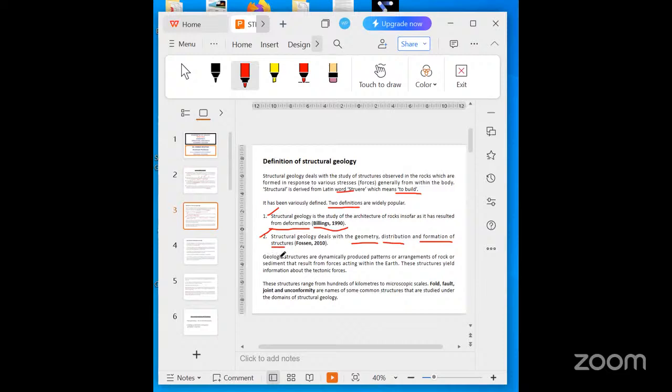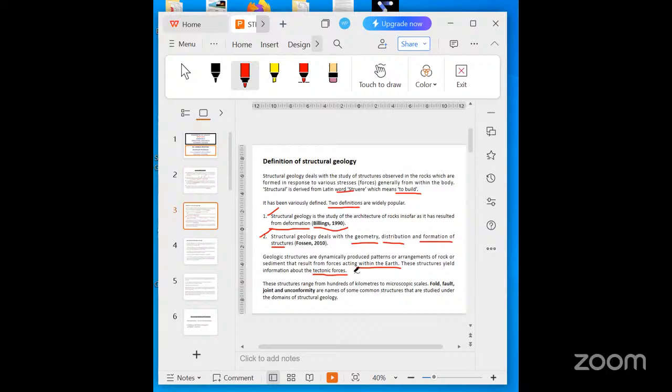Right? So these geological structures are dynamically produced patterns or arrangements of rock or sediment that result from forces acting within the earth. So these structures yield information about the tectonic forces present in the earth, right?